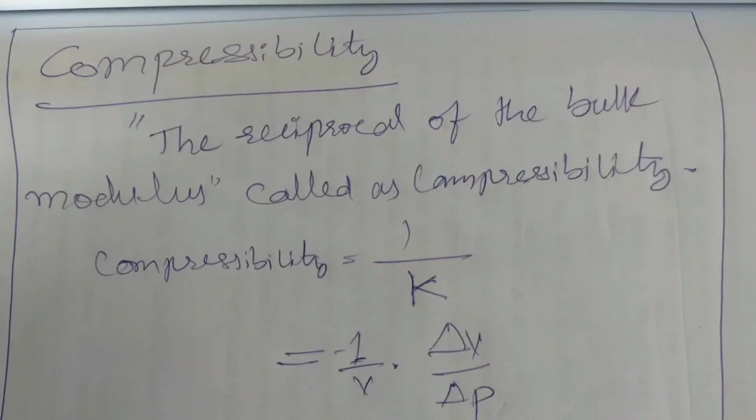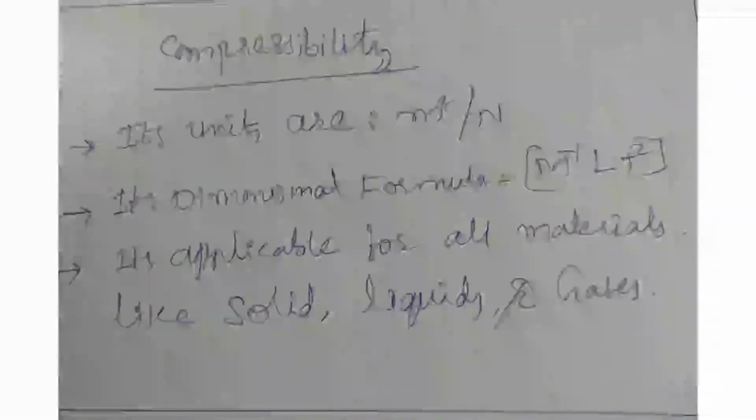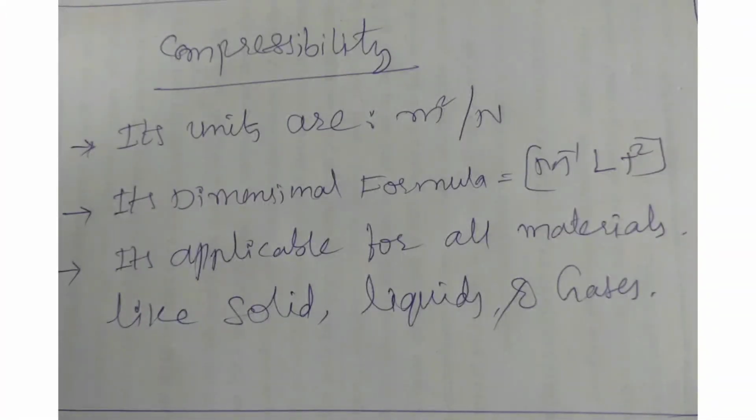Compressibility is equal to 1 by bulk modulus, that's nothing but minus 1 by V into delta V by delta P. Compressibility units are meter square per Newton. Generally, the compressibility of a rigid body is 0.